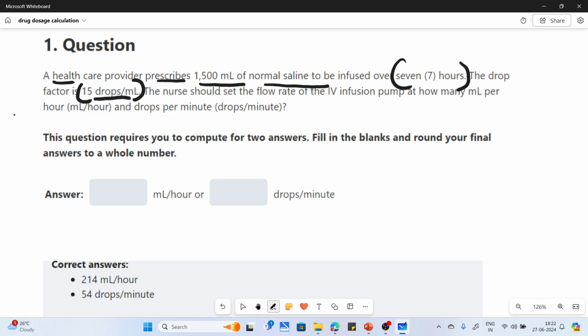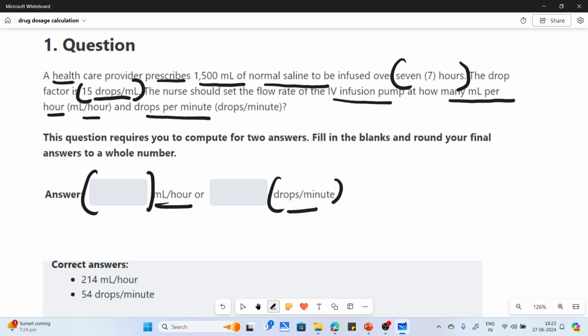The nurse should set the flow rate of the IV infusion pump at how many ml per hour? Is the screen visible? So how many ml per hour and how many drops per minute? Here the question is how much you will infuse within 1 hour and how many drops you will give within 1 minute.